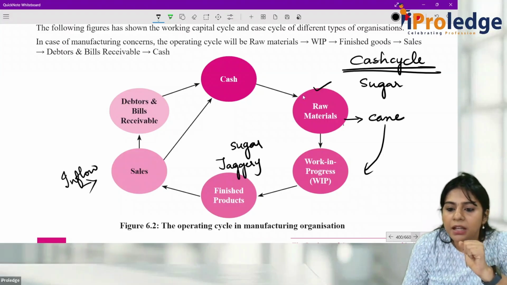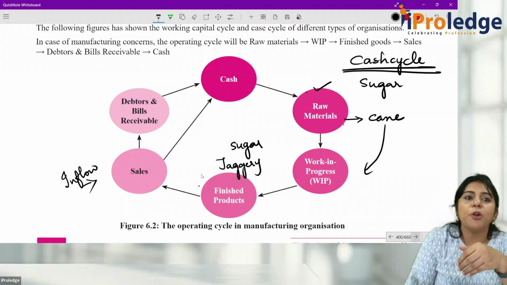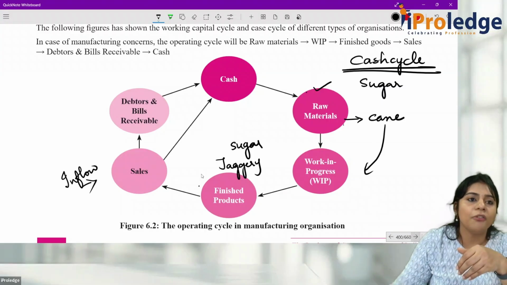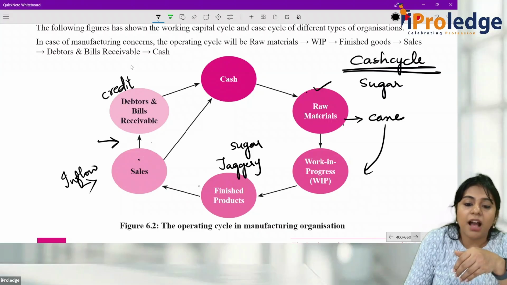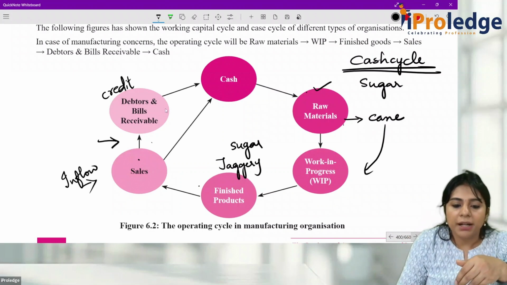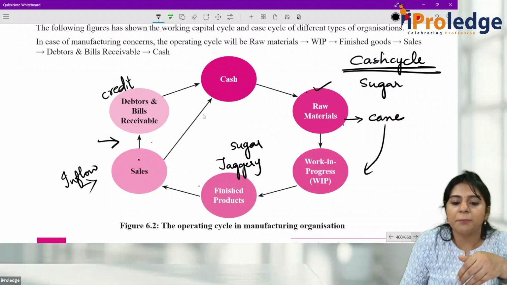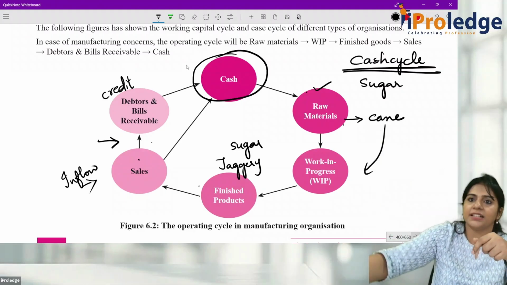From here starts inflow: sales. So from raw material till the point finished products are produced, it's outflow of cash. Then I have sales, and money inflow starts. In that also, if you give credit to your debtors, that is again pushed ahead. Cash does not come quickly. But then even when the debtors finally pay you, this is called the ultimate cash generation cycle.